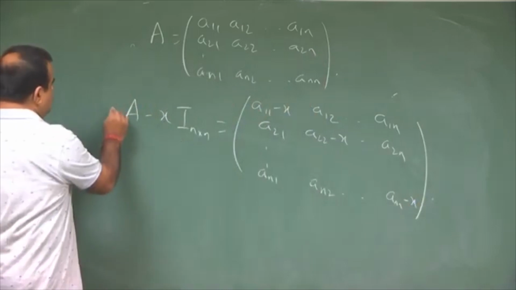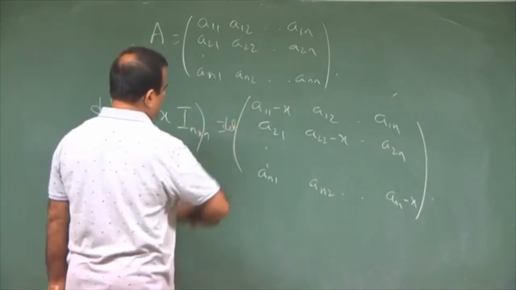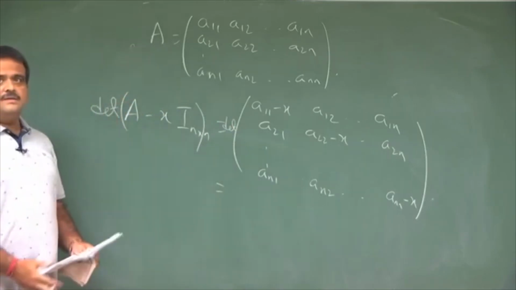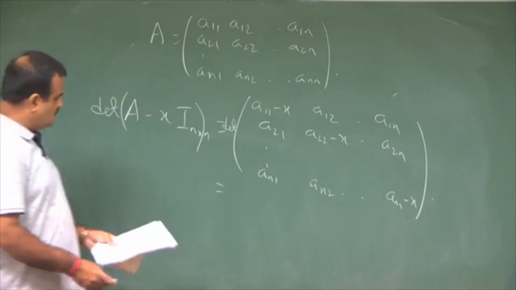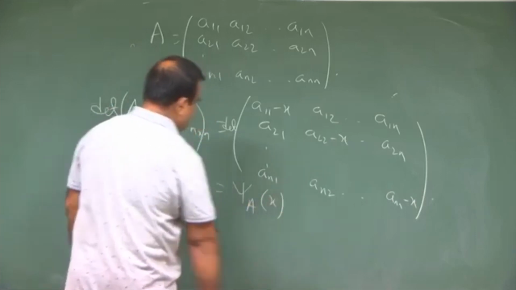Now, if you take the determinant of this matrix, that will give us an n degree polynomial, which we denote by phi A of x.